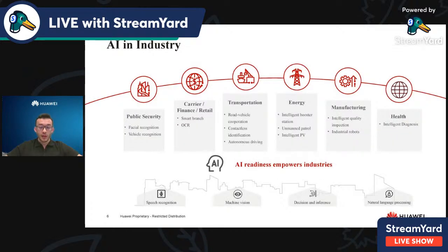I would also like to mention the types of AI applications and their roles in the industries. I think all of us are familiar with some of these AI applications. One of them is machine vision, which we can also call computer vision.